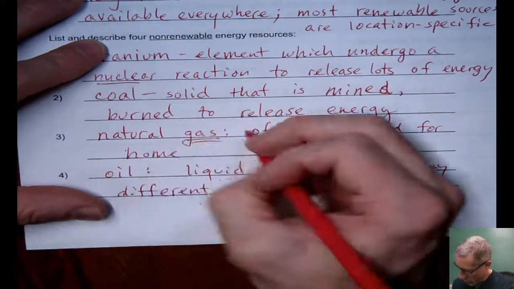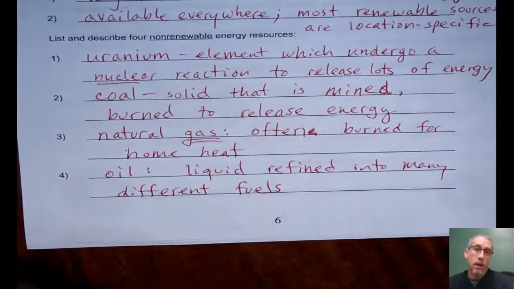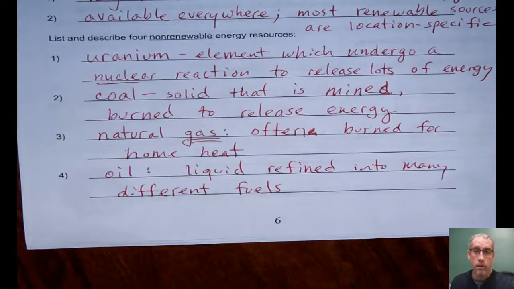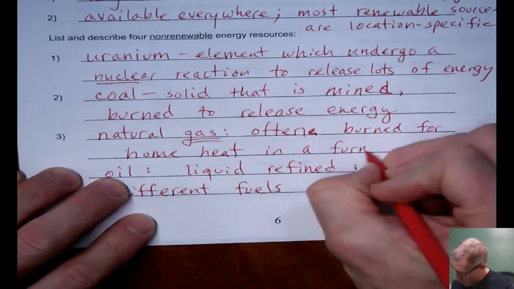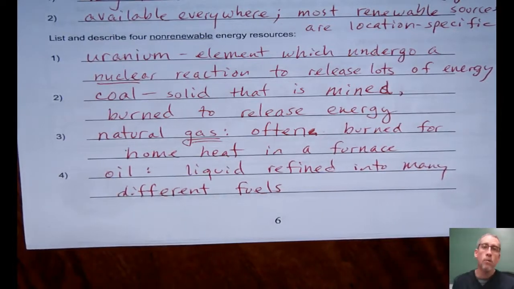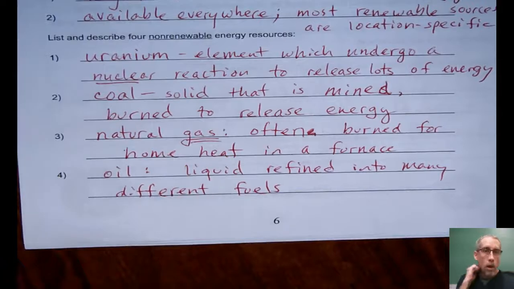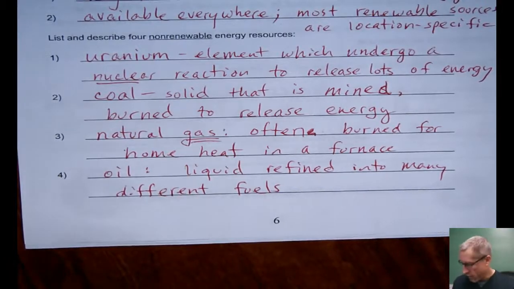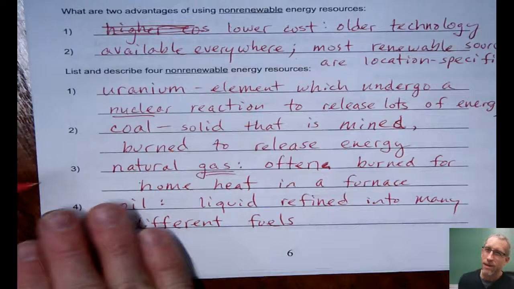I know at my home, that's what we burn for our heat. So you have a natural gas furnace. You may have an older home where you're burning oil. There are oil burning places out in the east. They have a lot of oil burning furnaces. You're not going to find coal anymore that I know of.